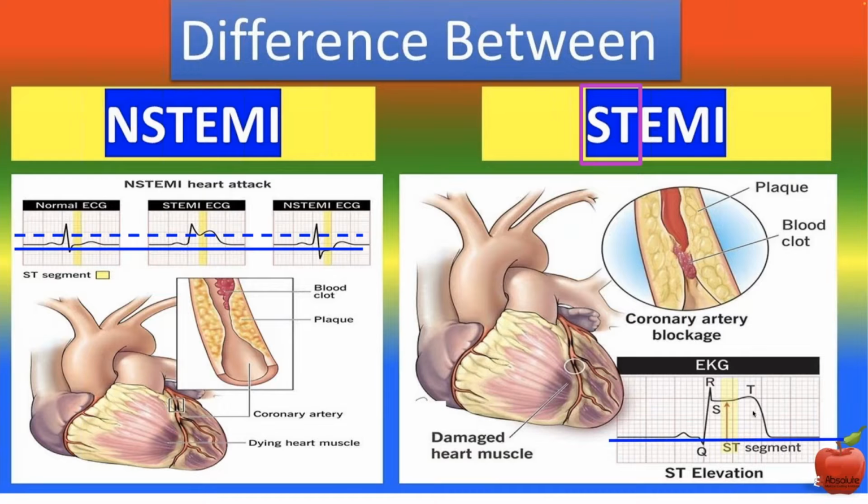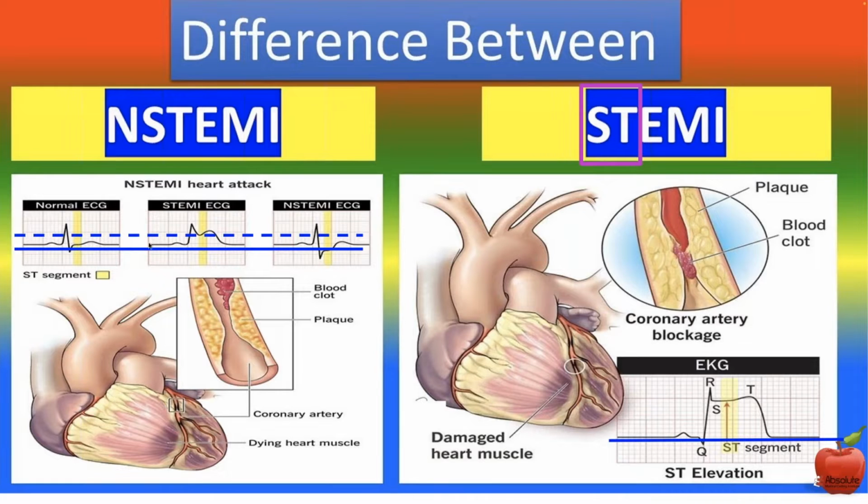So you're more than likely having a heart attack. Now, an NSTEMI is a non-ST elevation infarction. So it's an infarction too, but it's not a STEMI. In fact, the difference between the two, that ST segment is not elevated, it's depressed.